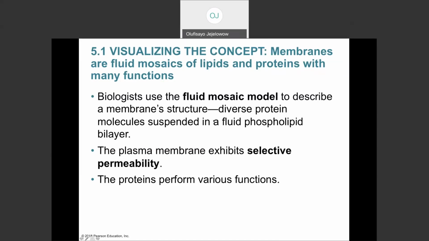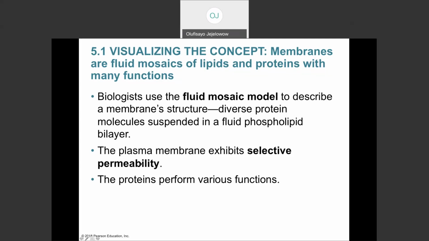And mosaic because of the diverse protein molecules that are suspended in this fluid phospholipid bilayer. An important property of the plasma membrane is that it is selectively permeable, meaning that it allows selected substances to pass through at different rates, and allows some substances to pass through while others are not allowed to pass through at all.